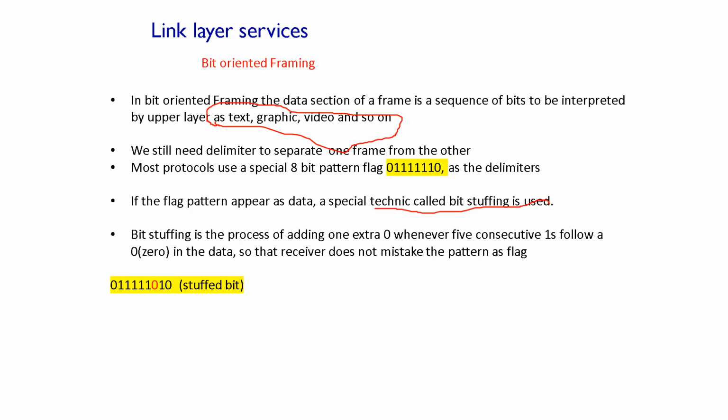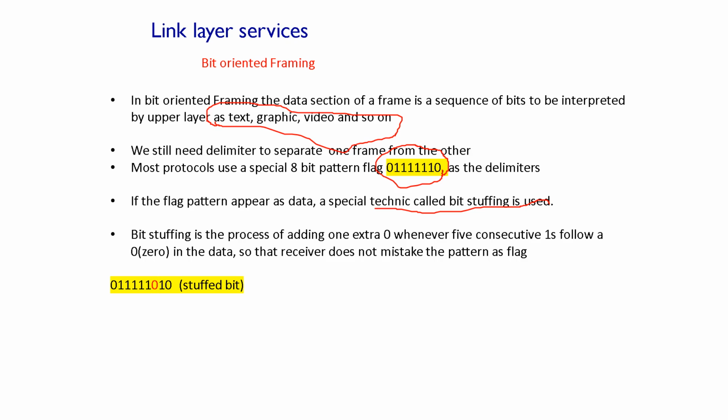Suppose we are using this as the flag. This is a normal example of a flag, beginning and ending with 0, and the remaining 6 bits out of the 8 bits will be 1. Suppose the same flag comes as a part of the data, then we use bit stuffing.